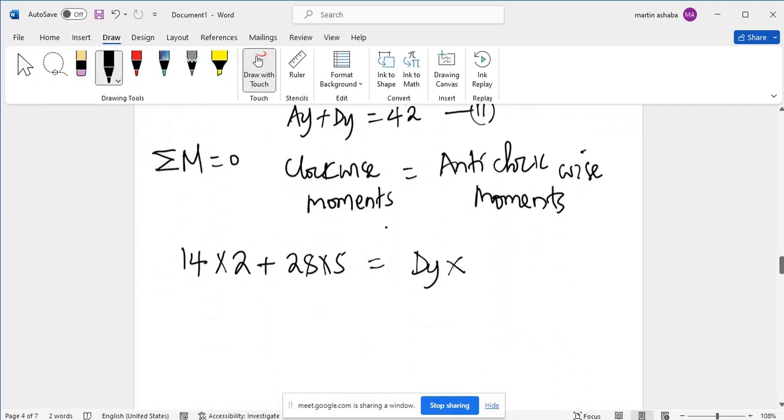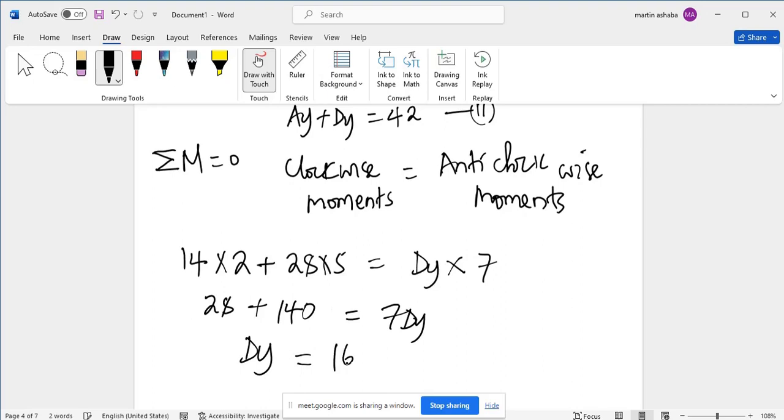Now from here, this is going to be 28. Let me use my calculator. 28 times 5 is 140, so 168 equals 7 dy. Meaning that my dy is going to be 168 divided by 7, which gives me 24 kilonewtons.